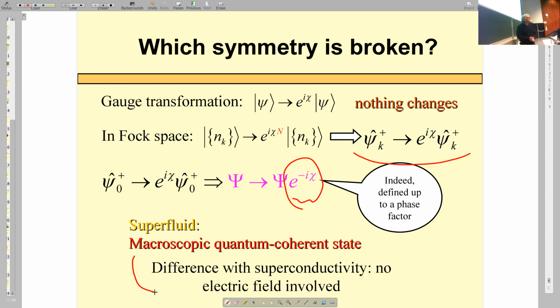How does delta take into account the fact that there's no resistance? Delta by itself is not related. The fact that delta has a phase is relevant. Delta has a phase, and if you change the phase, you go to a different state with the same energy.